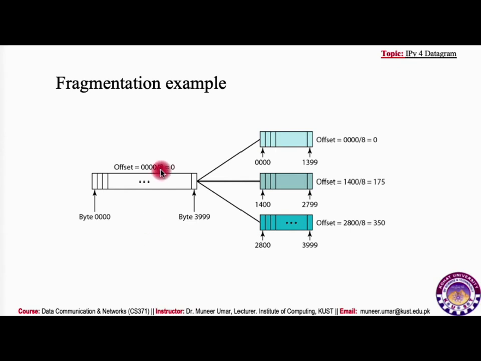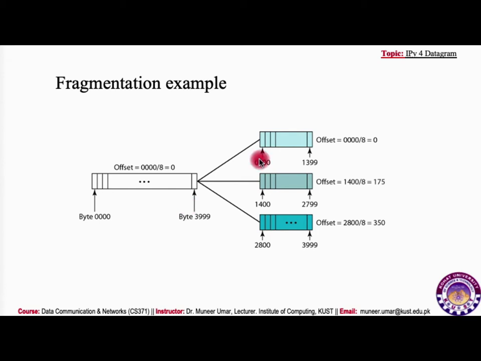Let's consider an example. This figure shows a datagram with the size of 4,000 bytes. This one is the IP datagram having 4,000 bytes, and it is fragmented into 3 fragments. The bytes in the original datagram are numbered 0 to 3,999.